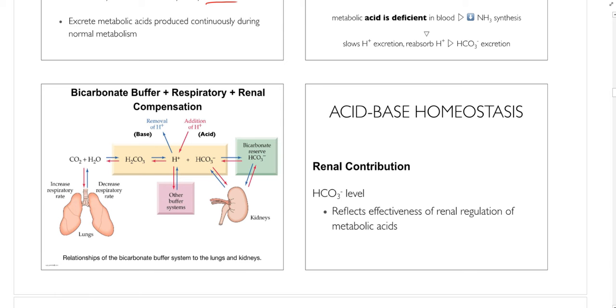Bicarbonate is really only going to be working on metabolic acids. We can have a respiratory problem that leads to bicarbonate getting rid of metabolic acids, but again, that's a Band-Aid. It's not going to fix the original insult of the problem.